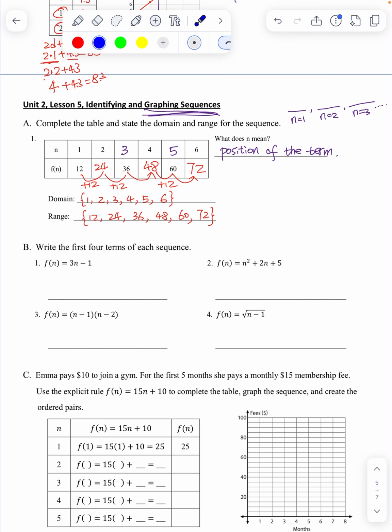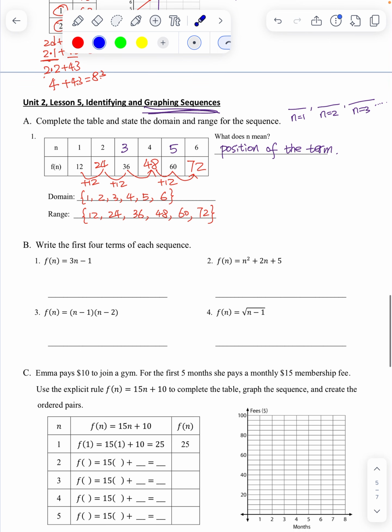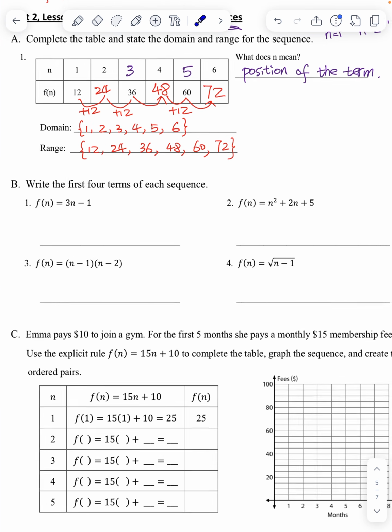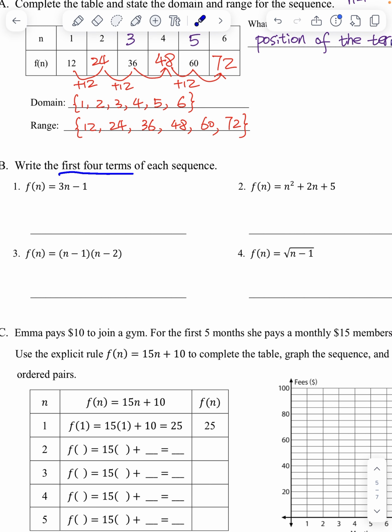Part B. Write the first 4 terms of each sequence. It's giving the rule already. We replace n by the position number. So for example, in part B, we need to write the first 4 terms.